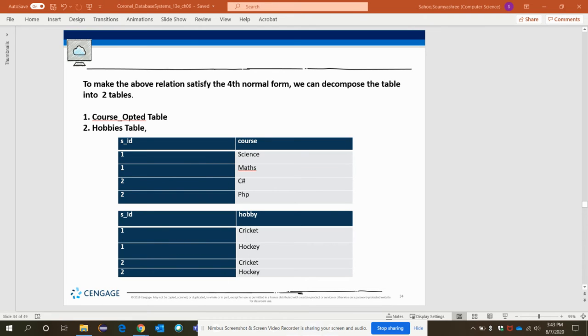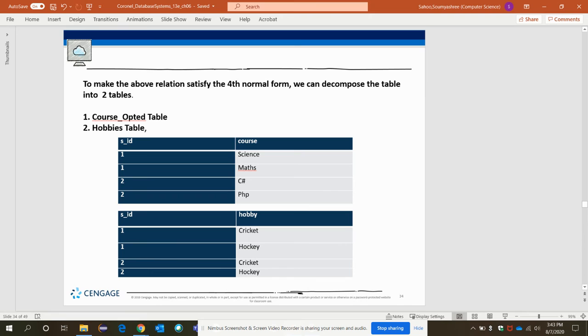This is how both of them are divided. Now one single value of SID determines multiple values of courses and multiple values of hobbies, so our table is in the fourth normal form. Hopefully you got a clear idea about all the normal forms.